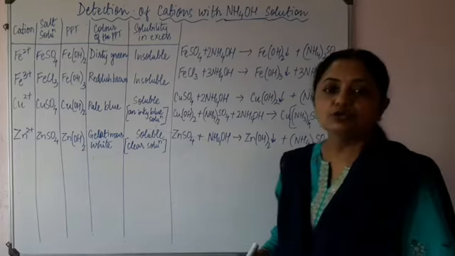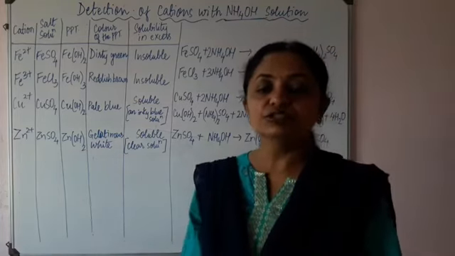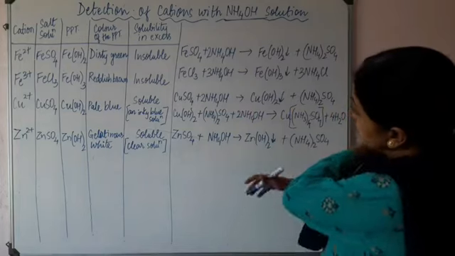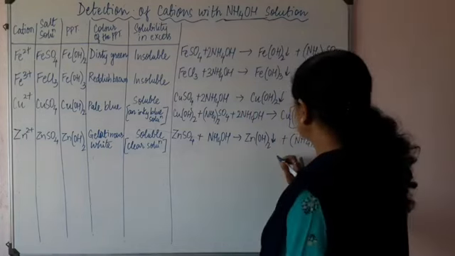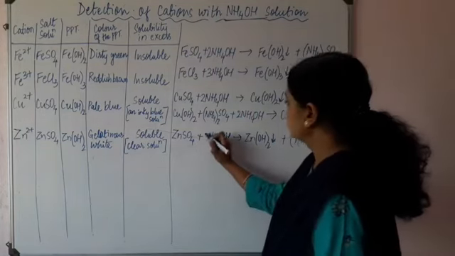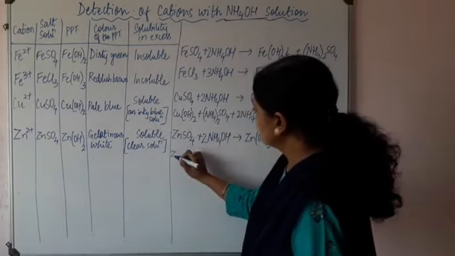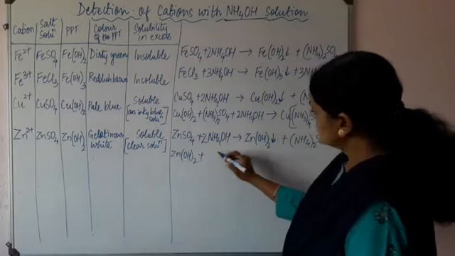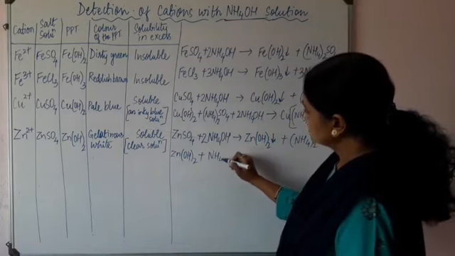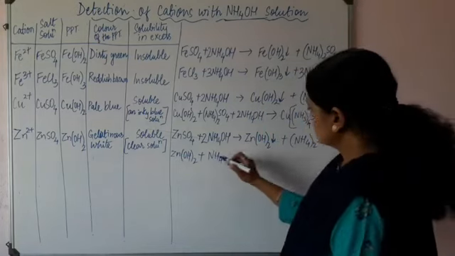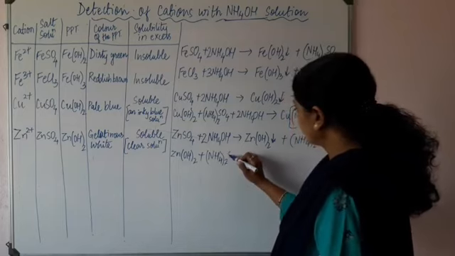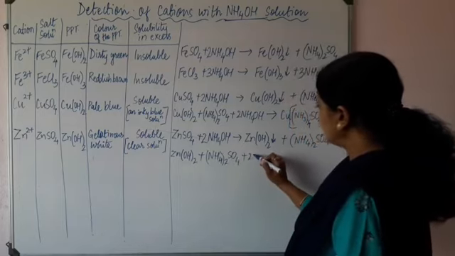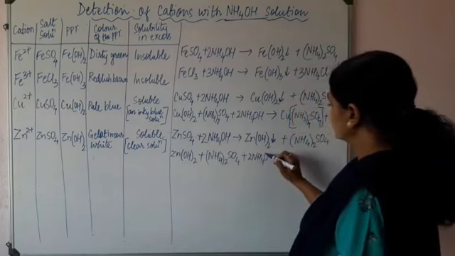Now again, to the same salt solution, if you add excess of NH4OH, here this is the white precipitate, and let us balance this. Zinc hydroxide, these are the two products, along with this we will add excess of NH4OH.